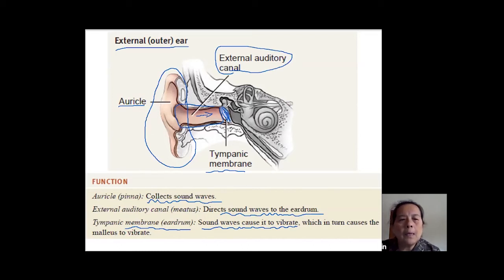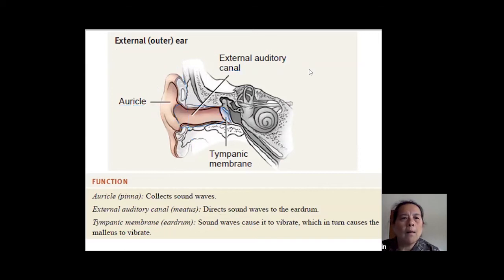In the middle ear, we have three small bones, and the eardrum directly transmits this vibration to the small bone there.